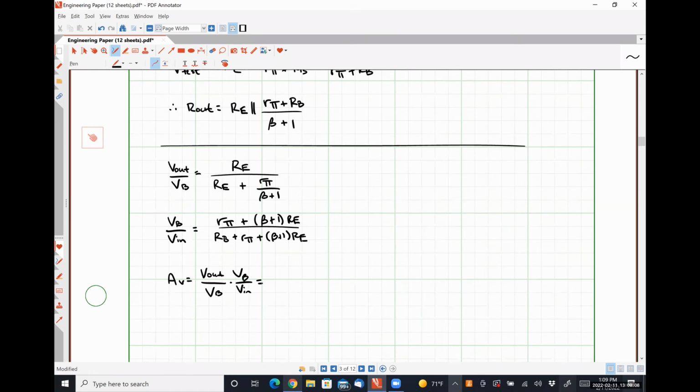the result simplifies to RE times beta plus 1 over RB plus R pi plus beta plus 1 times RE.